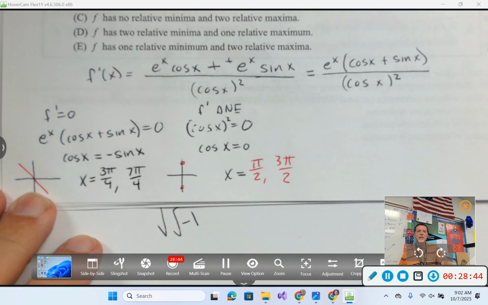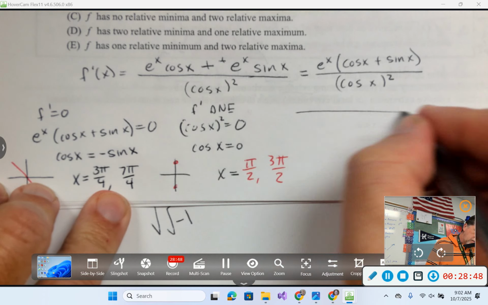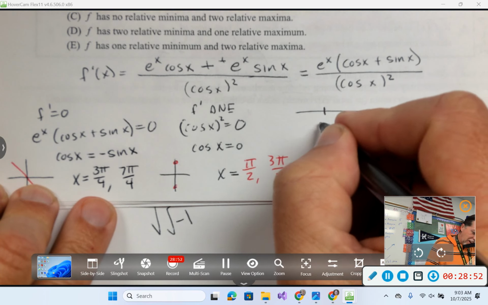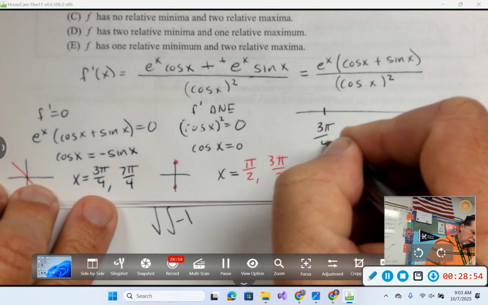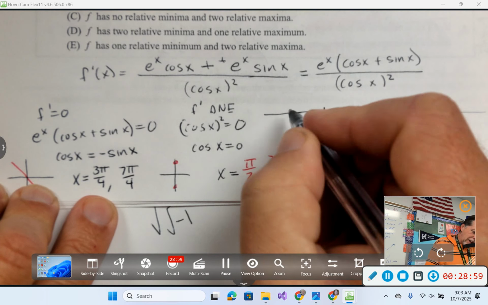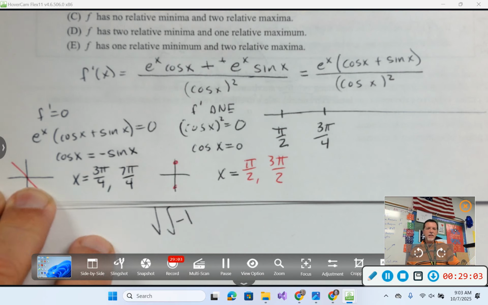That's kind of annoying because I got a number line with all these things on it. We better put them on in order or else we'll really get confused. 3 pi over 4. Nope, I almost put that on out of order. Pi over 2 would be smaller than 3 pi over 4.